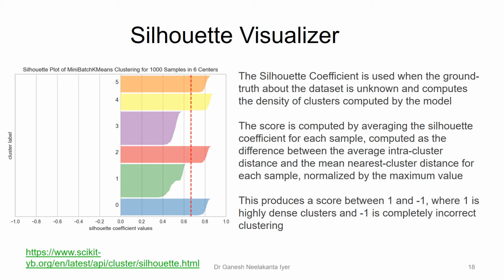The score is computed by averaging the Silhouette coefficient for each sample, computed as the difference between the average intra-cluster distance and the mean nearest cluster distance for each sample, normalized by the maximum value. It gives you a value between 1 and minus 1, where 1 is highly dense clusters, minus 1 is completely incorrect clustering.